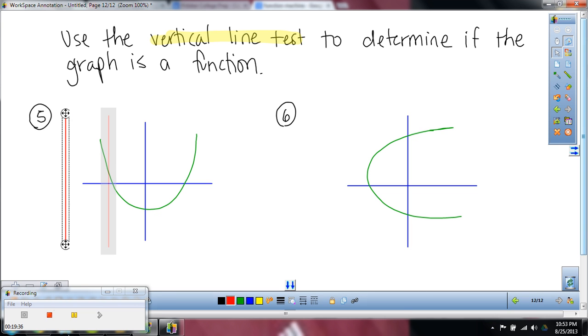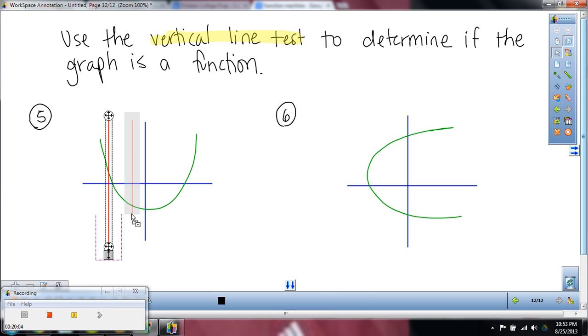So here I put my vertical line anywhere, and it's just hitting the green graph at that one point. If I move it over, it's still just hitting the green graph at exactly 1 point.